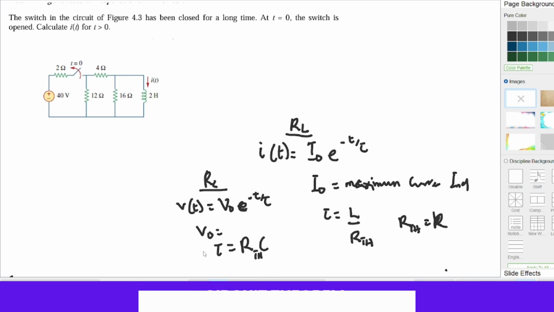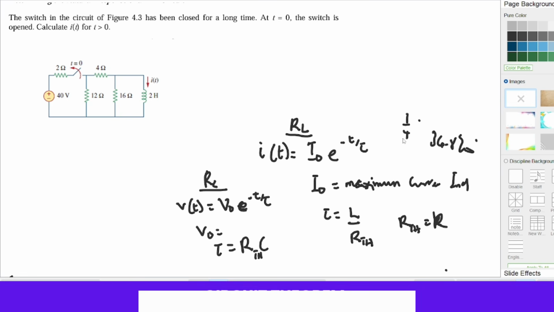Okay, so this time constant is just telling us the amount of value that has been removed or that has decayed from the original or initial value. So I can say, maybe, one time constant is equivalent to 36.8% of the initial value.